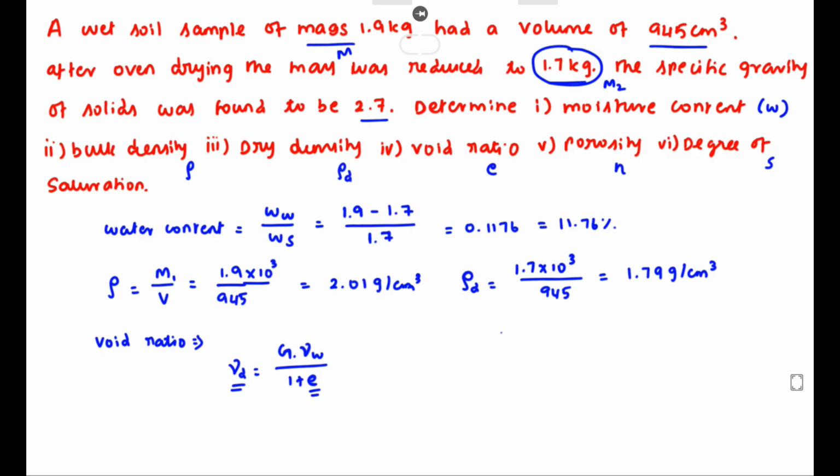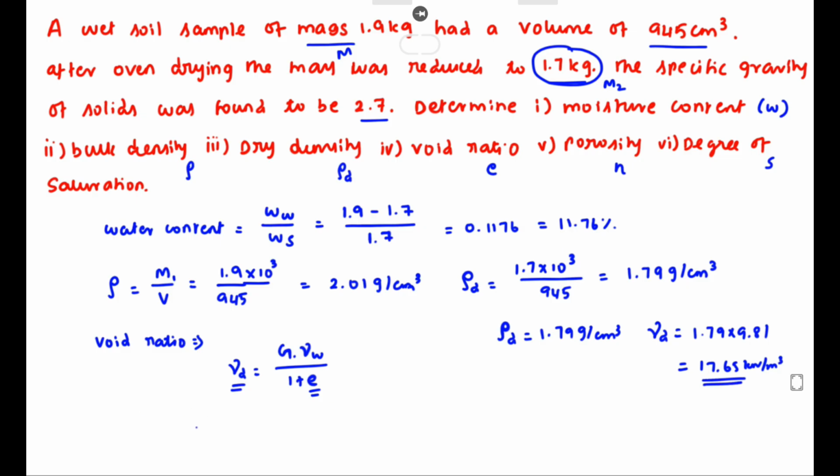We know dry density is 1.79 gram per centimeter cube. So now we can convert, gamma d is equal to 1.79 into 9.81, in kilonewton per meter cube. So now 17.65 kilonewton per meter cube is the gamma d.